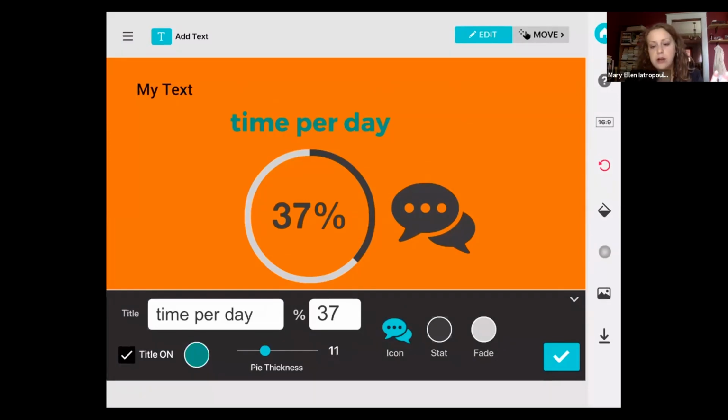So the real work of data visualization is in figuring out what that story behind the data is, which we showed you some very quick warm-up activities to help you wrap your mind around how do we get at the story behind the numbers and how do we tell that story visually.